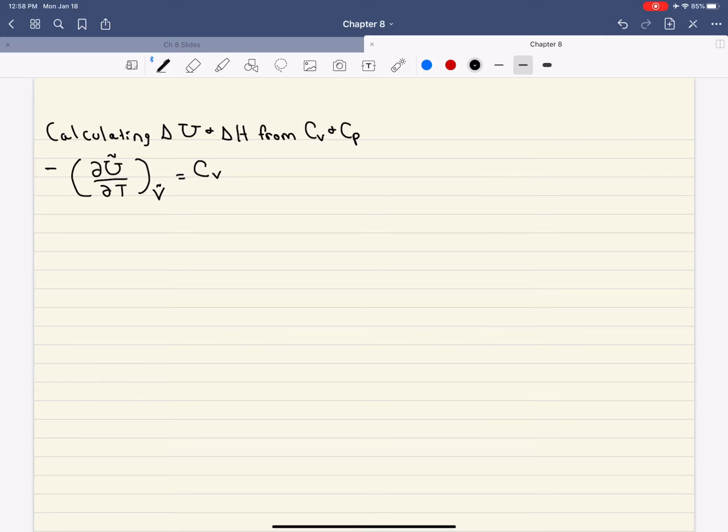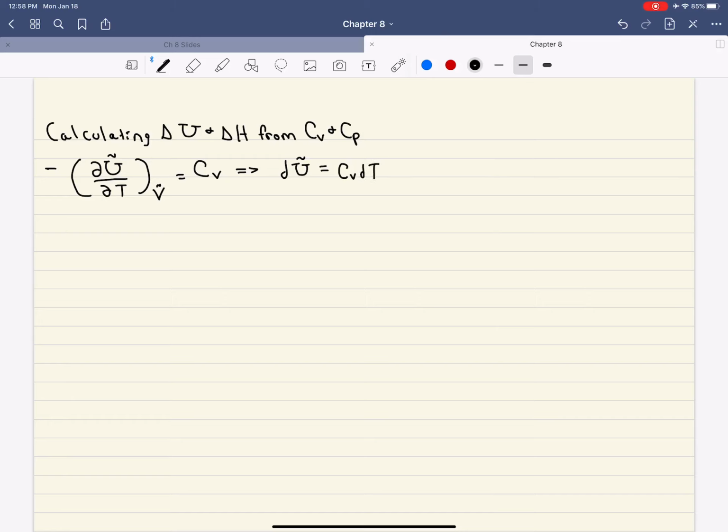Since we have this relationship, we can do a little algebra and multiply both the left and the right hand side by dT. By doing that, this gives us the relationship that dU is equal to Cv dT.